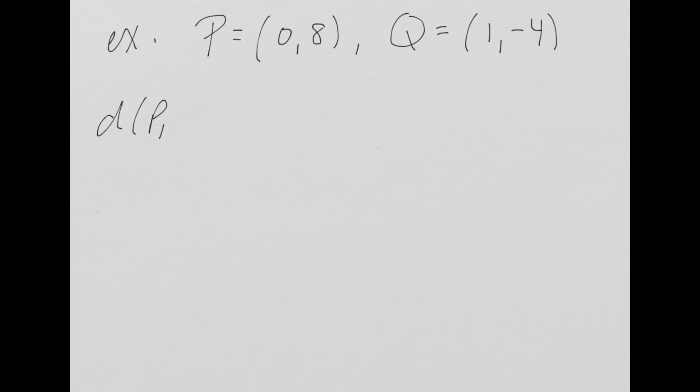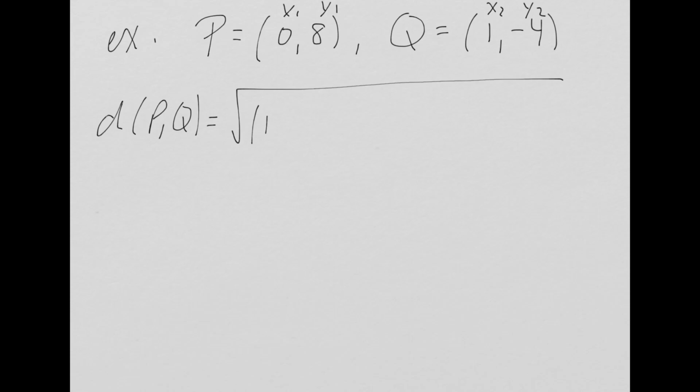Let's do one more distance formula here. Let's let P be 0, 8, and let's let Q be 1, -4. If I'm going to find the distance from P to Q, well, we're going to use our formula. Let's let this be x1, y1, and x2, y2.